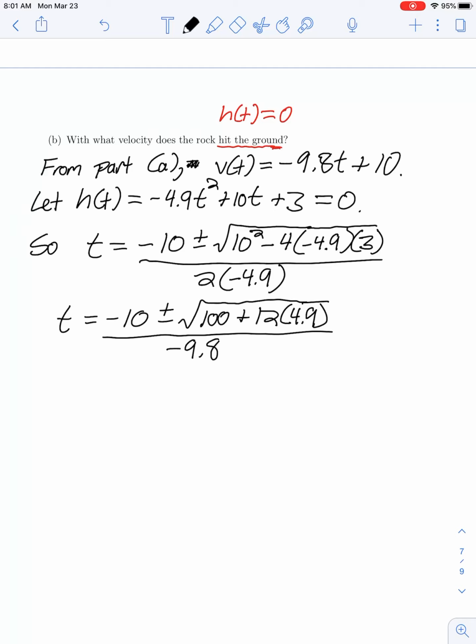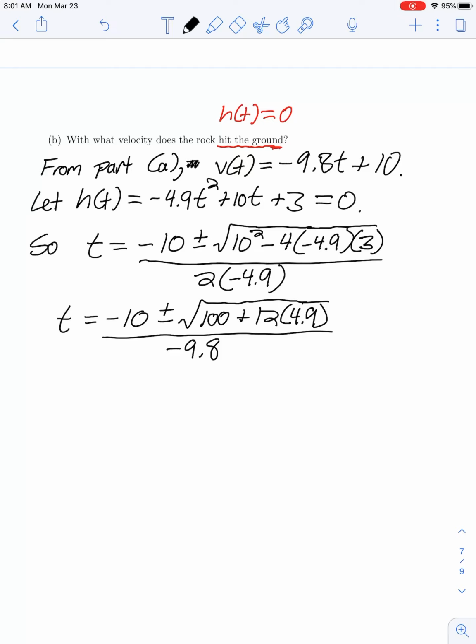In order for this value of time to make sense physically, it better be positive. We were letting 0 for t denote the time at which we threw our rock, so the time at which it hits the ground would have to be a positive value of time, sometime after we had thrown the rock.